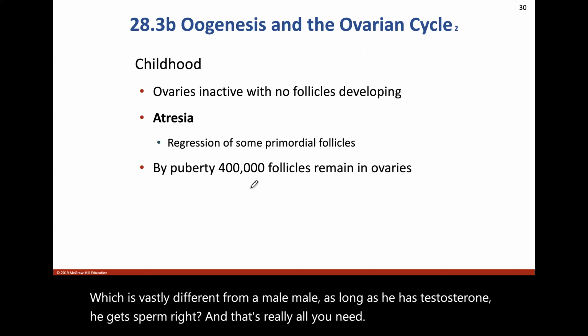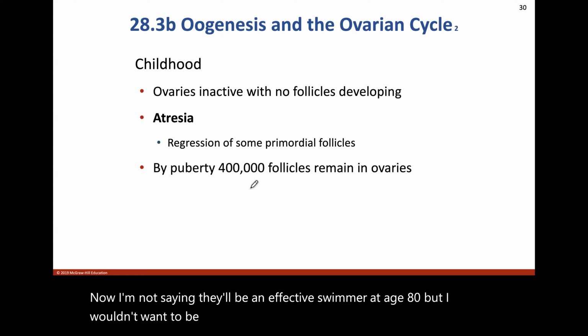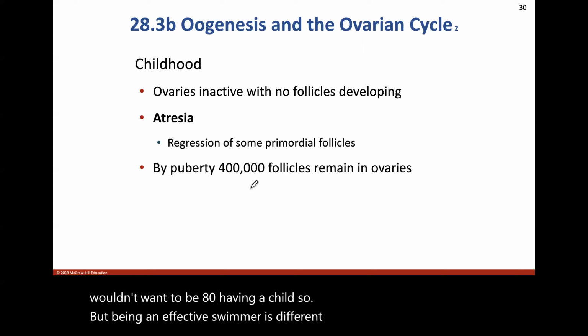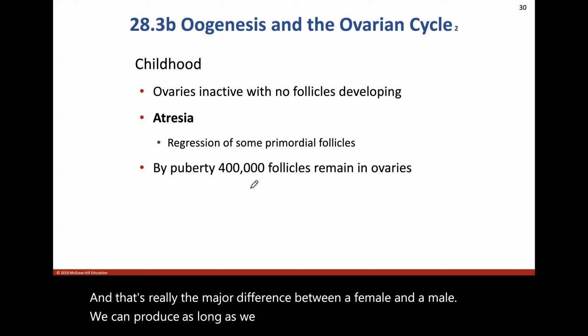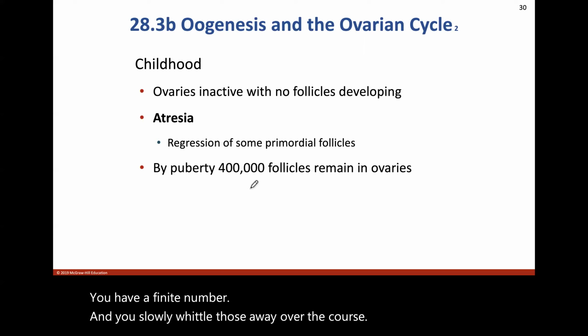Now, I'm not saying they'll be an effective swimmer at age 80, but I wouldn't want to be 80 having a child. But being an effective swimmer is different from producing. And that's really the major difference between a female and a male. Males can produce as long as they have testosterone. Whereas women, you have a finite number, and you slowly whittle those away over the course of your time.